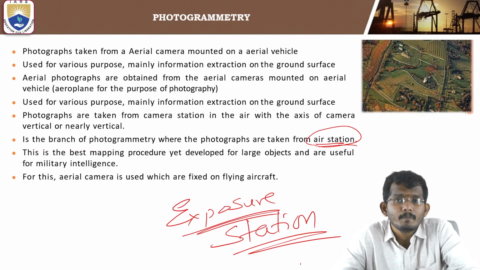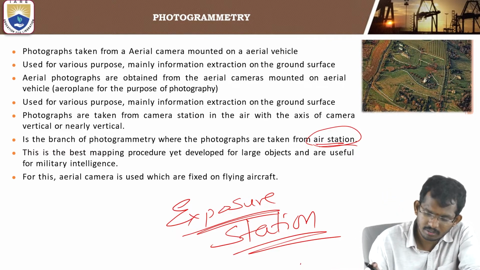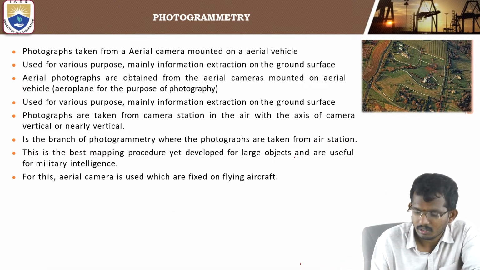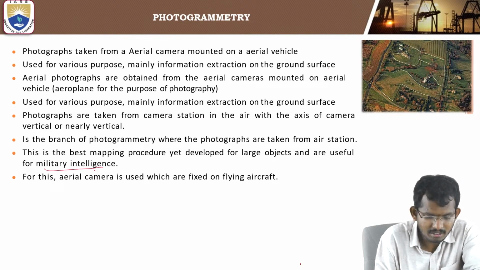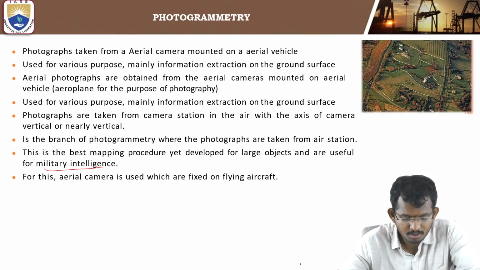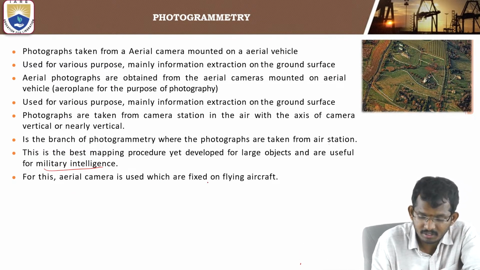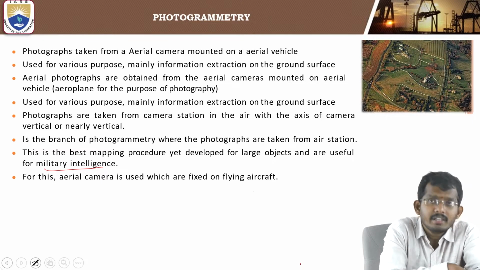In terrestrial photogrammetry, we don't have exposure stations, we can find a centering point, a principal point, on the photograph itself. That's it. It's the best mapping procedure yet developed for large objects and is useful for military intelligence. In aerial photogrammetry, aerial cameras are used which are fixed on flying aircraft.